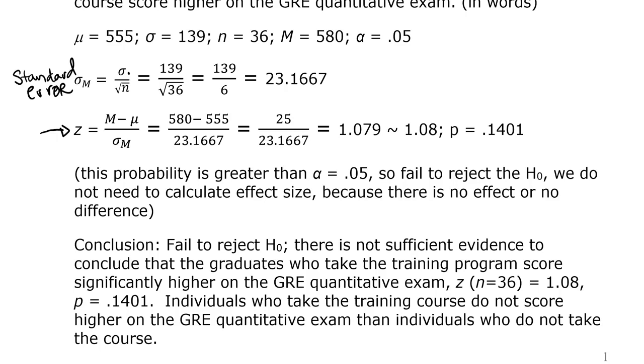So our sample mean is 580 minus our population mean of 555 divided by our standard error of 23.1667. That gives us 25 divided by 23.1667, which gives us a z statistic of 1.079, which is approximately 1.08.